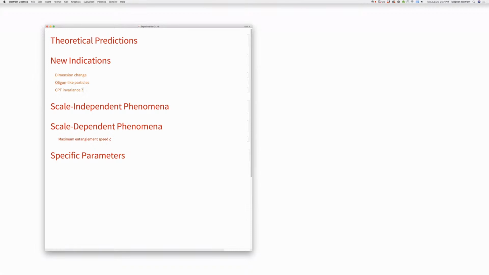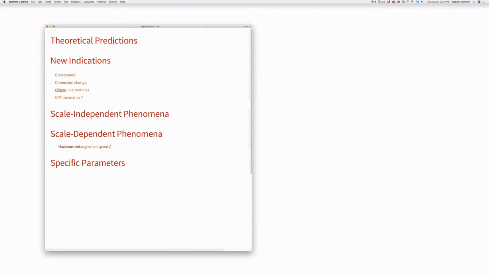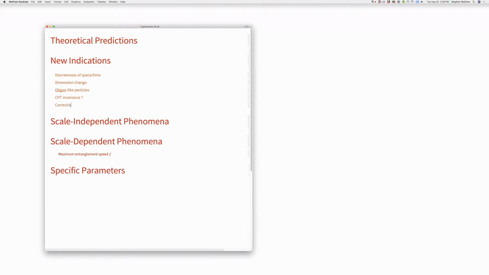I don't think we have, since we don't have intrinsic. Okay, I mean, another indication is, well, of course, the major indication is discreteness of space. Another piece then would be corrections to Einstein's equations.